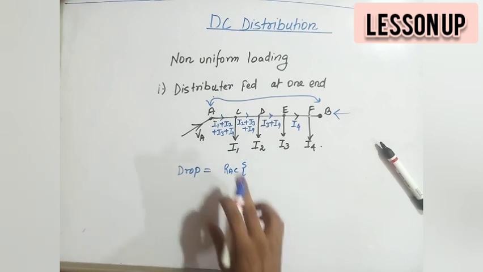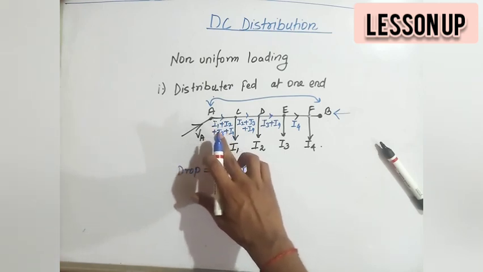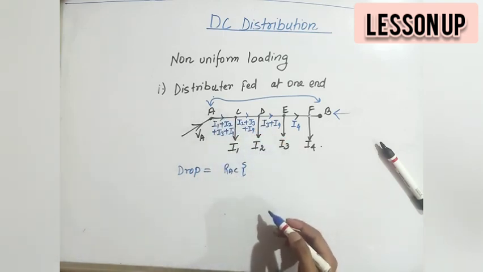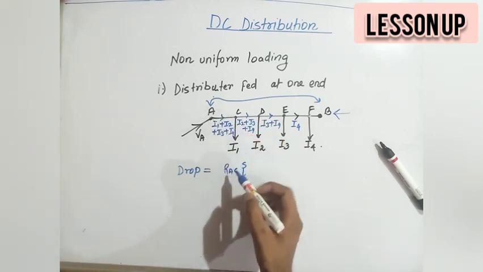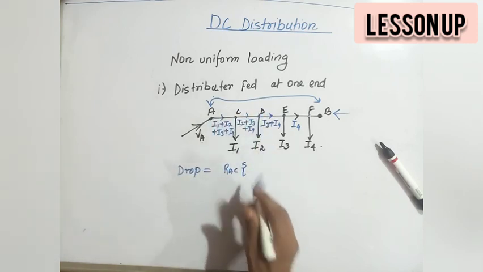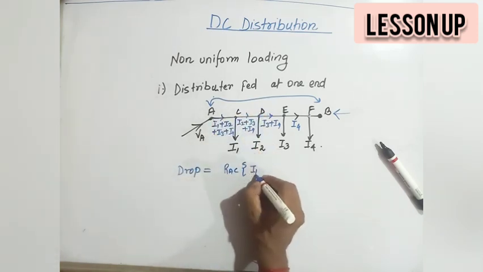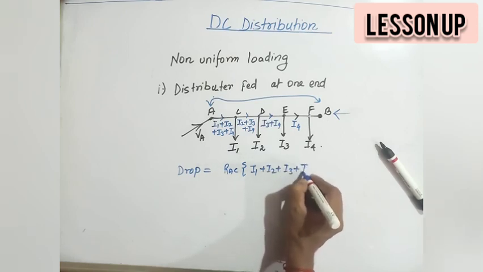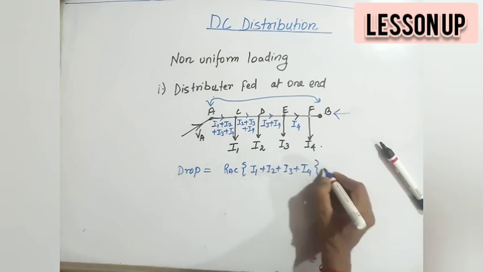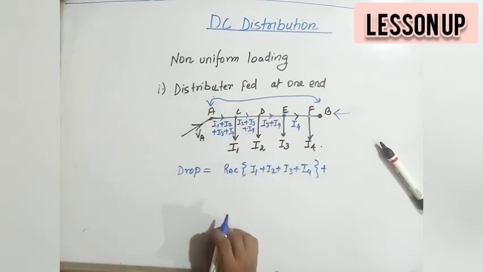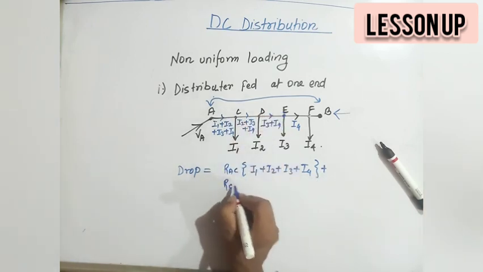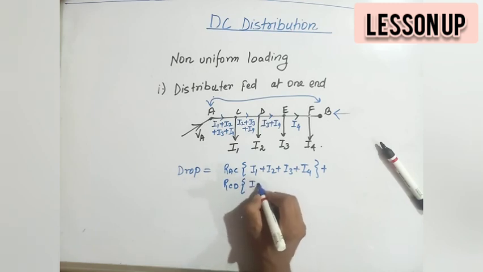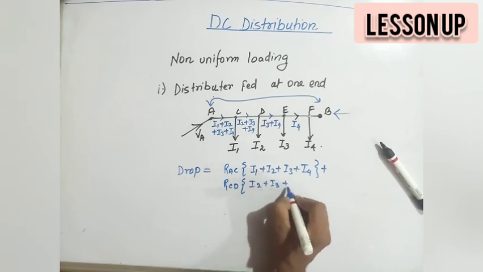Voltage drop will be equal to current into resistance, so the resistance is RAC and the current will be I1 plus I2 plus I3 plus I4, plus the voltage drop between C and D, which is RCD into I2 plus I3 plus I4.